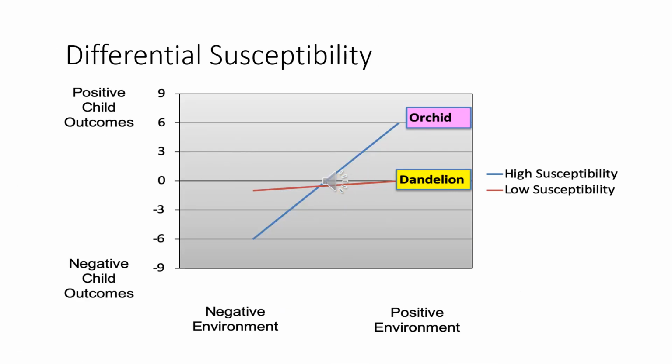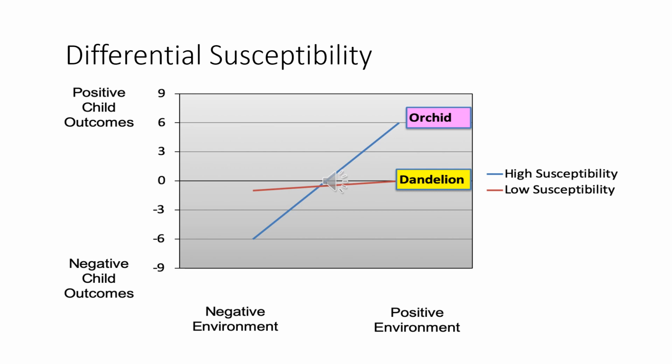So this is another way of viewing the basic model of differential susceptibility. And we're going to look at a lot of graphs in this class that look very similar to this, where you can see that dandelions, who are less sensitive to their environment, basically stay more the same in terms of their outcomes whether their environment is negative or positive.